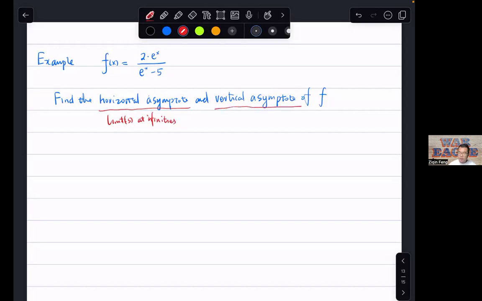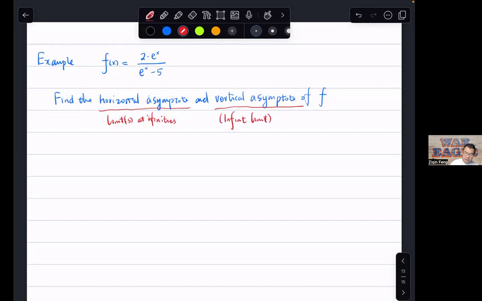And a vertical asymptote is when you look at which number you have an infinite limit.